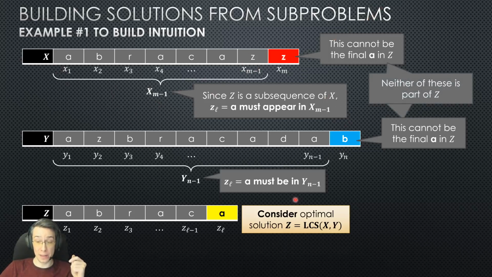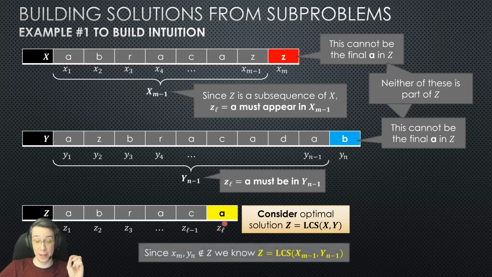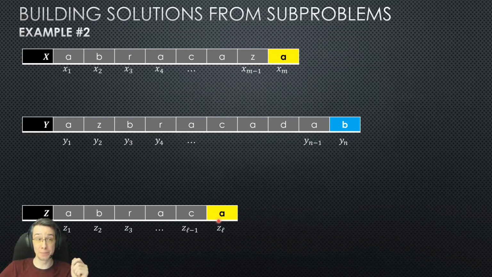So if the last letter of x does not match the last letter of z, and the last letter of y does not match the last letter of z, then we know that the LCS z we're looking for can be found in xm minus 1 and yn minus 1. So the LCS will just be the LCS of xm minus 1 and yn minus 1. Okay, so this is the case where the last letter of x and the last letter of y do not match the last letter of the optimal solution z.